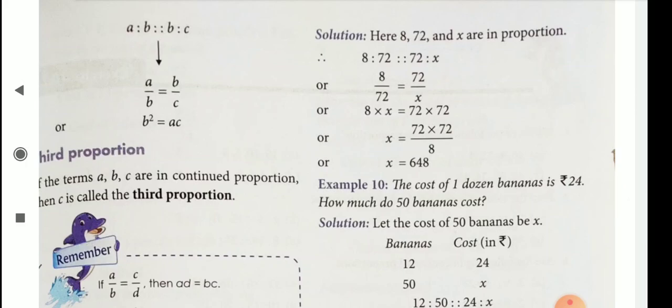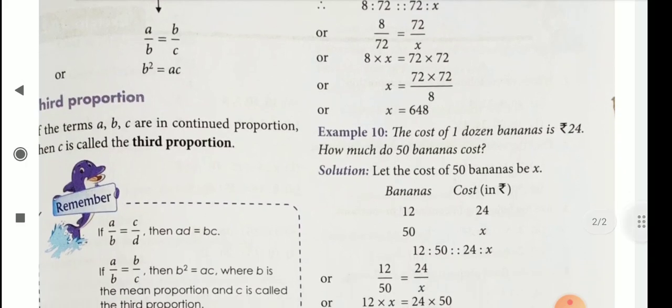Clear? Then example 10. The cost of 1 dozen bananas is 24 rupees. How much do 50 bananas cost? So here, children, two quantities are given: the number of bananas and the cost. So bananas 12 by 50 and 24 by x.